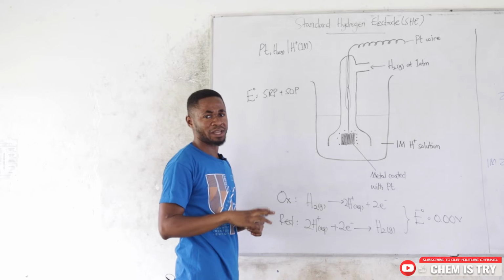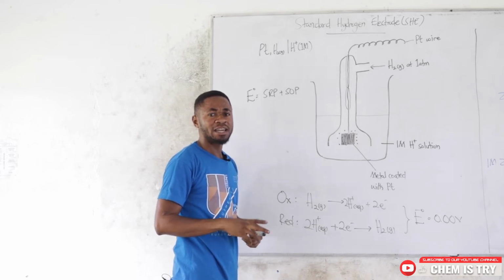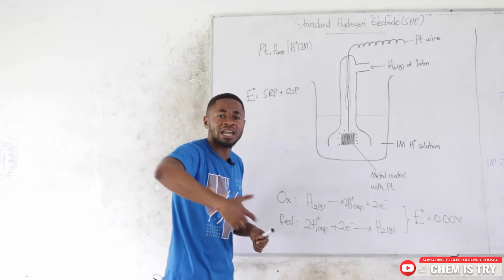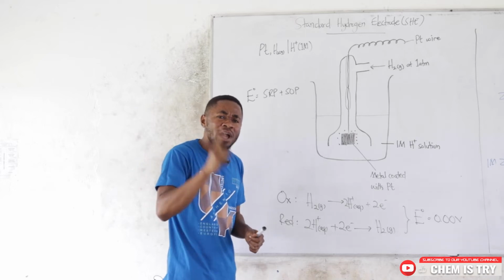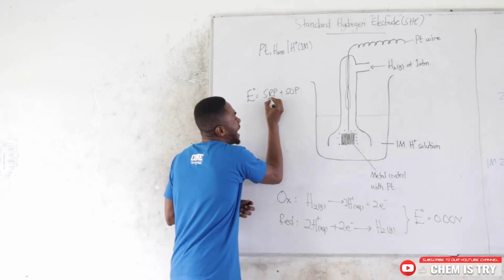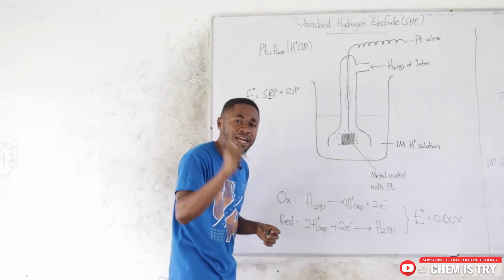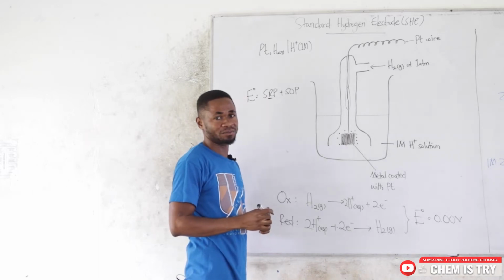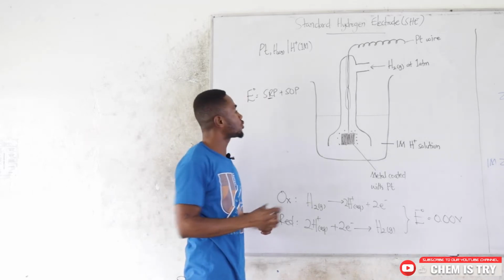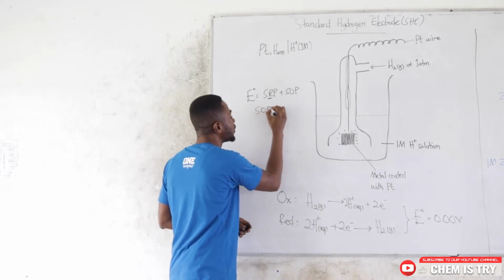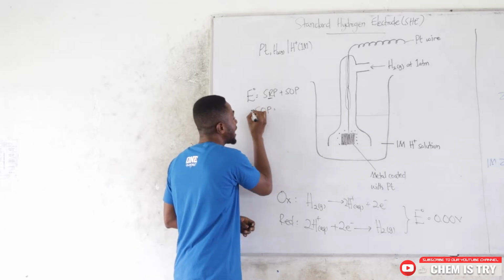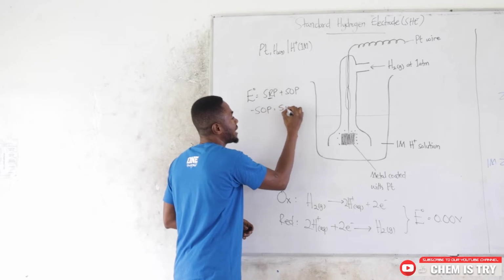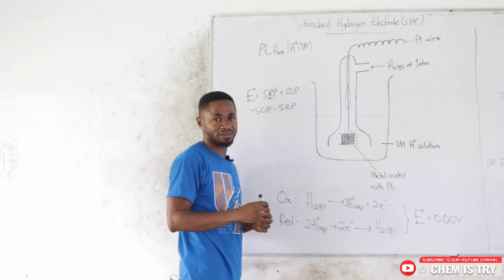But we said something. We said the electric potential values we are given will always be given to us as standard reduction potential, not standard oxidation potential. So, the standard oxidation potential we know to be the negative of the standard reduction potential. We know that.